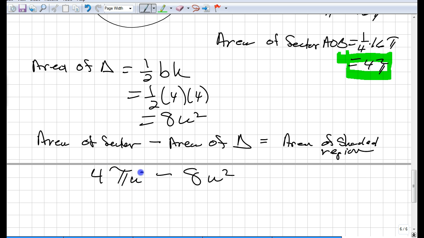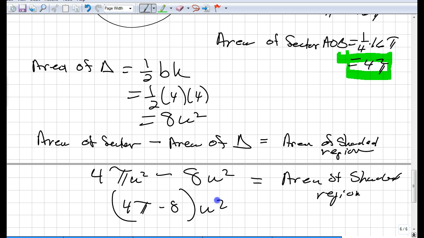That equals the area of the shaded region. And notice that we can't do any more with that. So I'm going to write it like this. So this is my answer. The area of the shaded region is 4 pi minus 8 units squared.